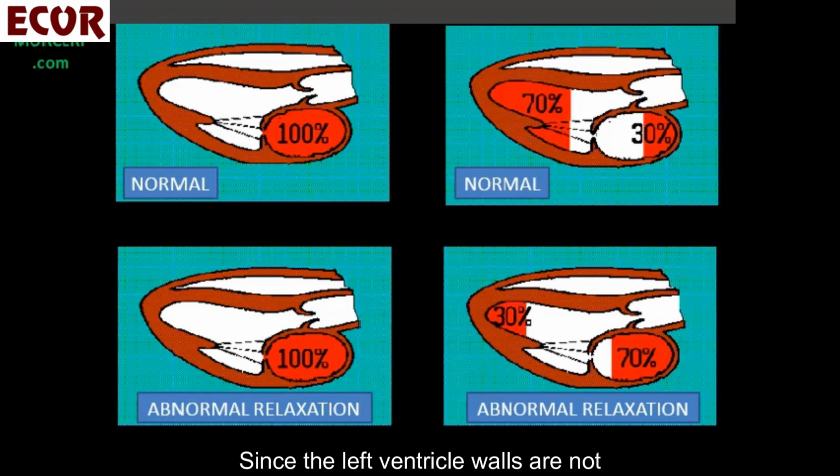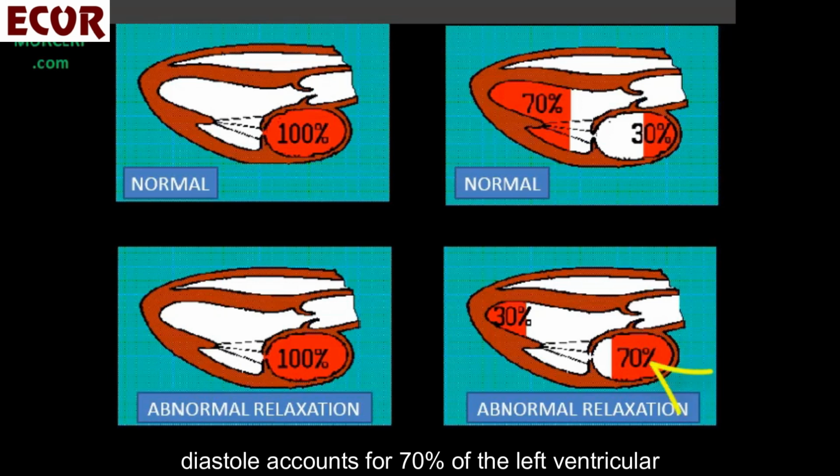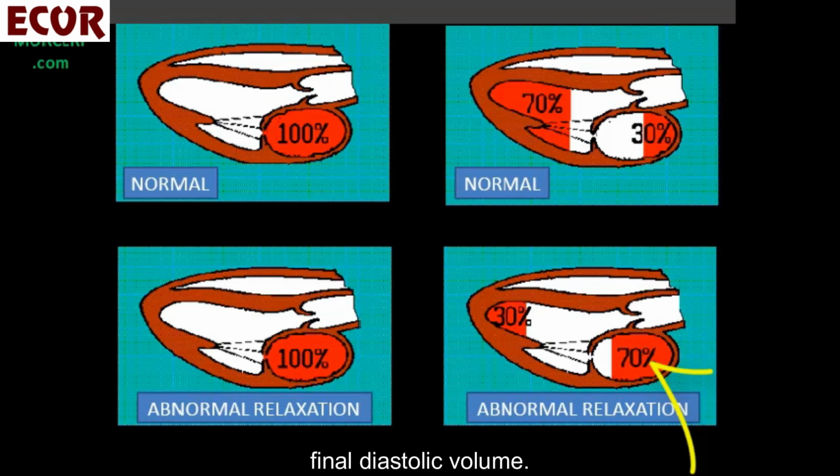Since the left ventricle walls are not relaxing correctly, it does not cause a negative pressure that sucks blood in, besides keeping a tonus longer than just the initial third. In this case, the last two-thirds of diastole account for 70% of the left ventricular final diastolic volume.